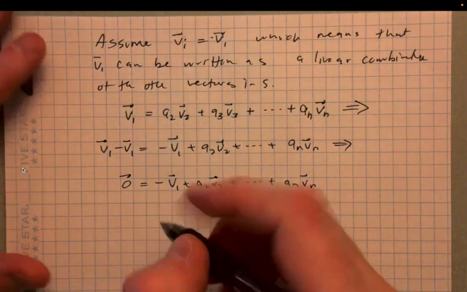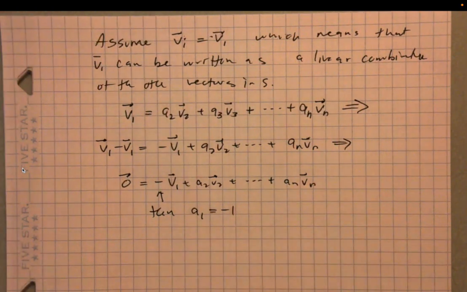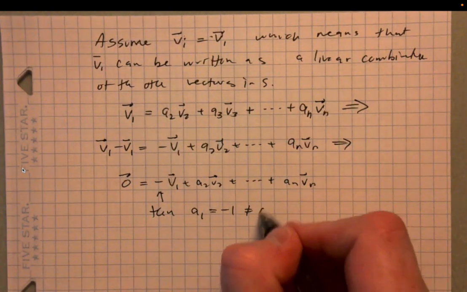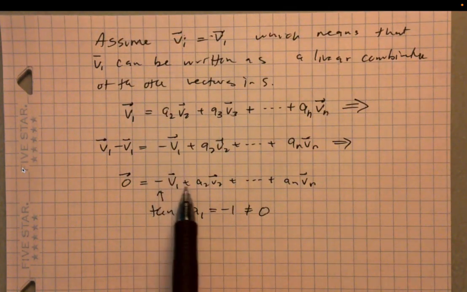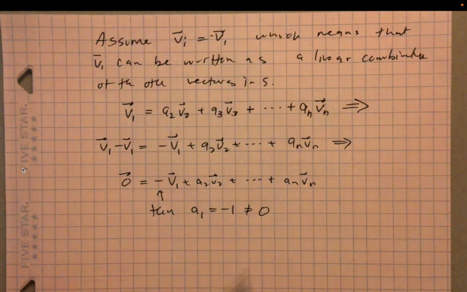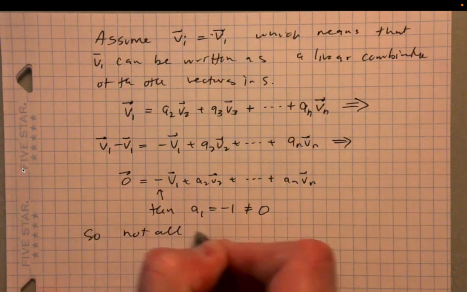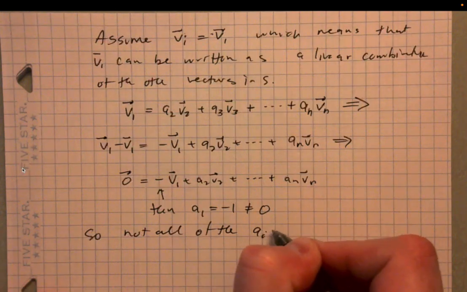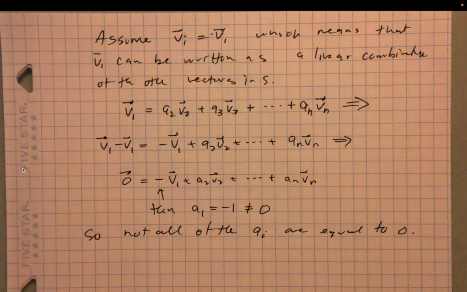Yes. a1 must be equal to negative 1. Most important, it's not equal to 0. So a1 is non-zero, and this equation a1 v1 plus a2 v2 plus dot dot dot plus an vn equals 0 does not imply that all the coefficients are 0. So a1 equals negative 1, not equal to 0, so not all of the ai's are 0. And that gets you the one direction.